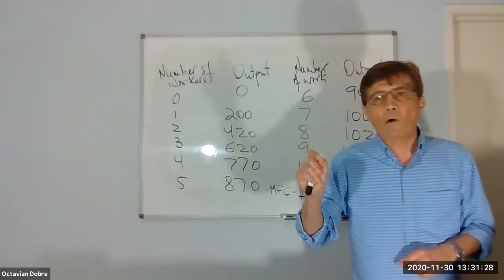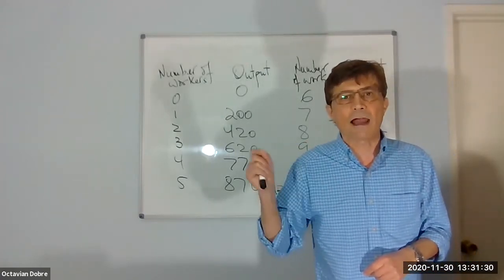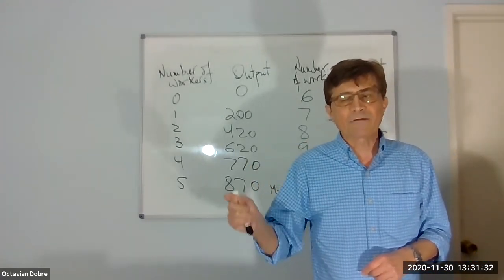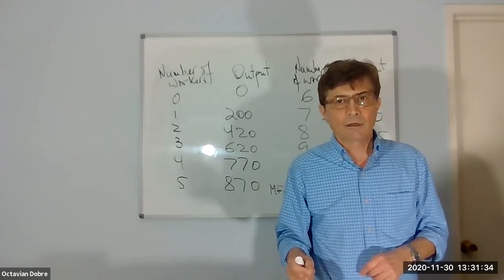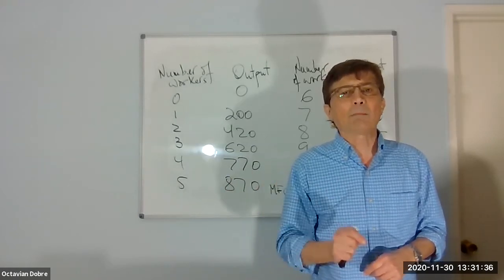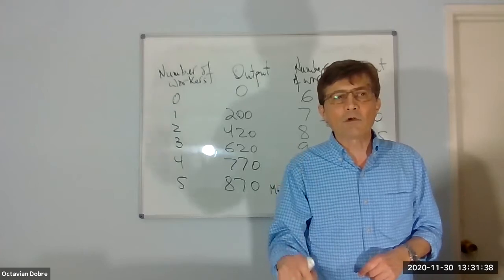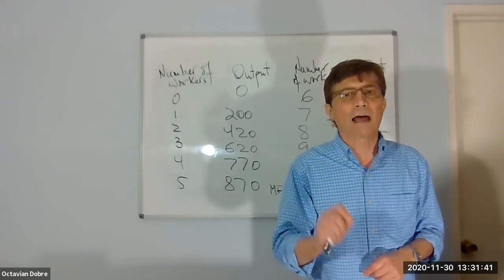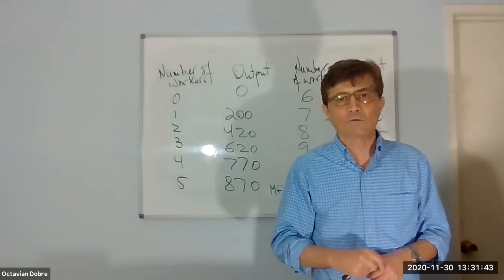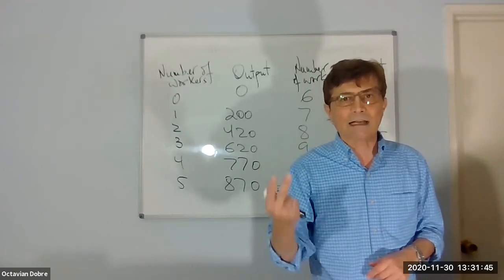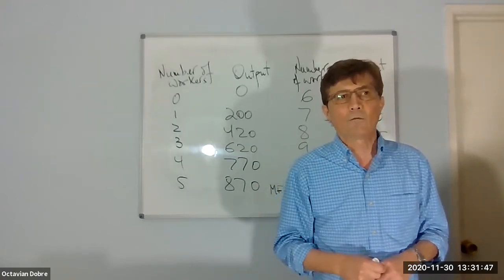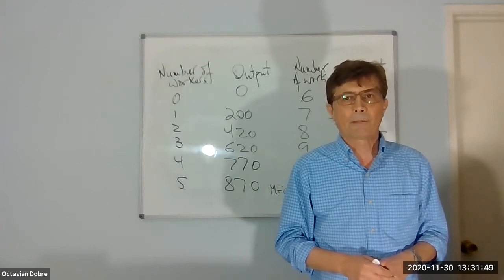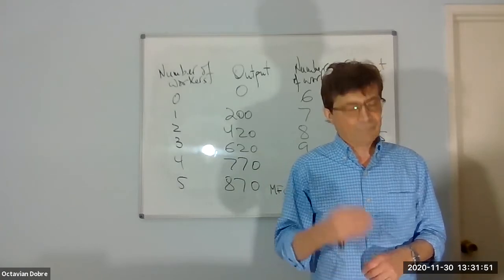100? You hire to the point where MRP equals MFC. MFC is the wage. What is the MRP? The contribution to the revenue of the last worker. Which one is the last worker? The first one, the second, the third, the fourth, or the fifth, when you hire 5 workers? The fifth.